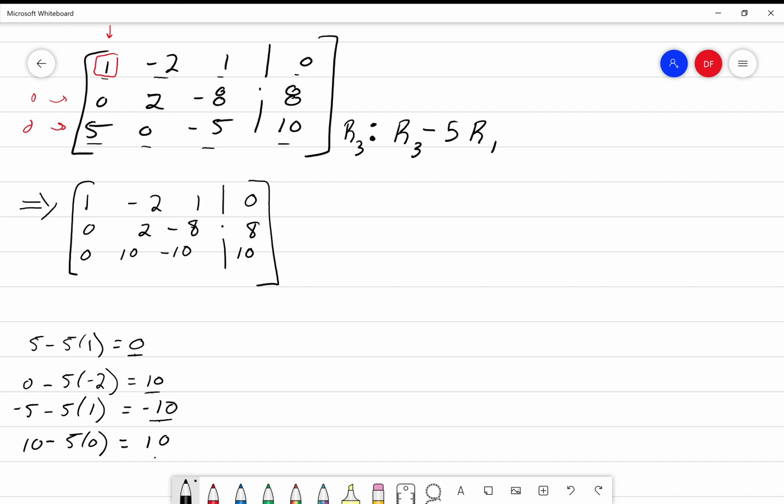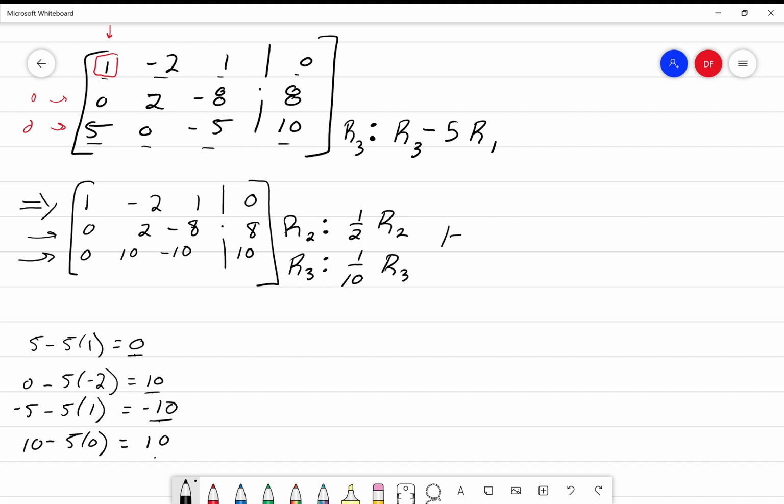And now what I want to do is scale row 2 and row 3. So I will replace row 2 with 1 over 2 row 2. And I will replace row 3 with 1 over 10 row 3.